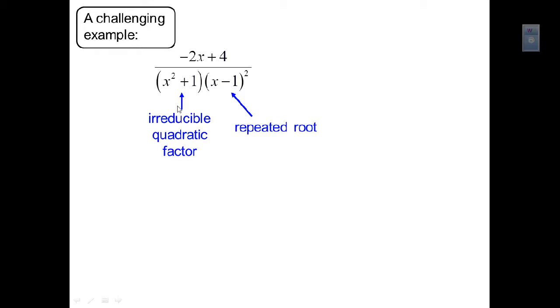You actually have to have on the top one degree less than what you have on the bottom. So when we have this irreducible quadratic, we have to have a linear expression on top. That's where the ax plus b comes from. And then and only then can we deal with this repeating root over here. And that's where the c over x minus 1 and the d over x minus 1 quantity squared comes from.